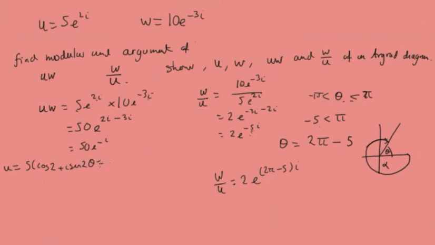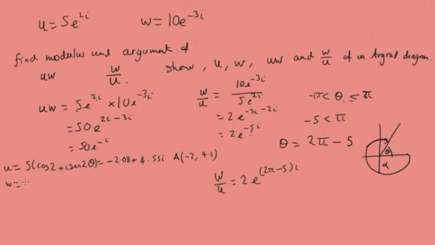If we work those values out, we get minus 2.08 plus 4.55i. So our first point, the position vector for the Argand diagram, A, will be minus 2, 4.5 roughly.